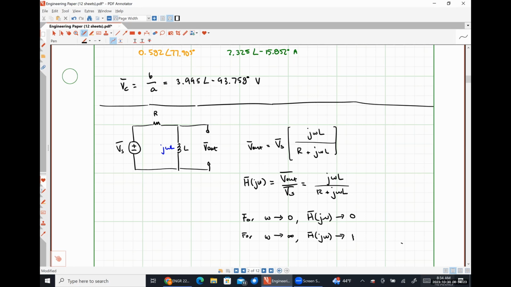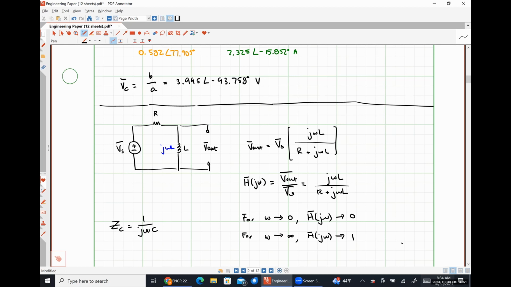Let me write this out real quick, right? So ZC is equal to 1 over j omega C, right? So when omega is 0, we essentially have 1 over 0, which is infinitely large. Well, when omega is infinity, or we're operating at very, very high frequencies, we have 1 over infinity, which looks like a short circuit.